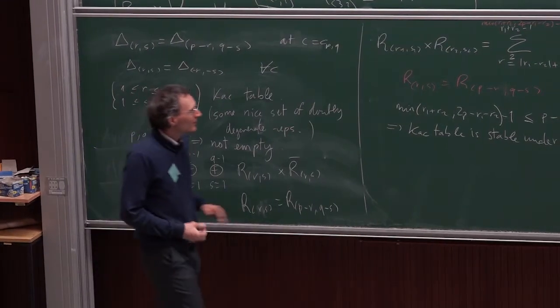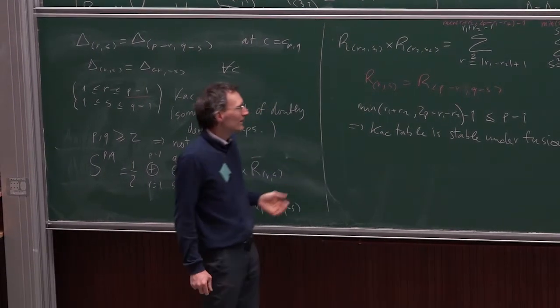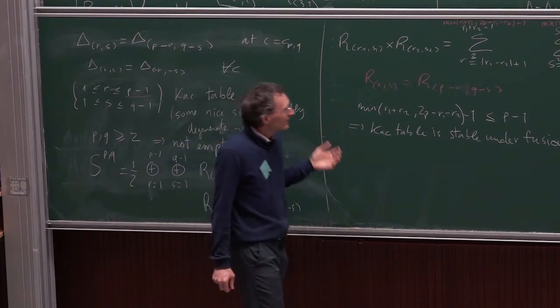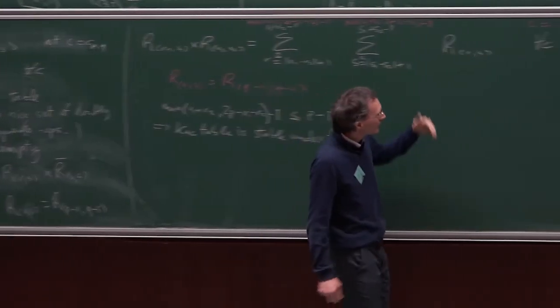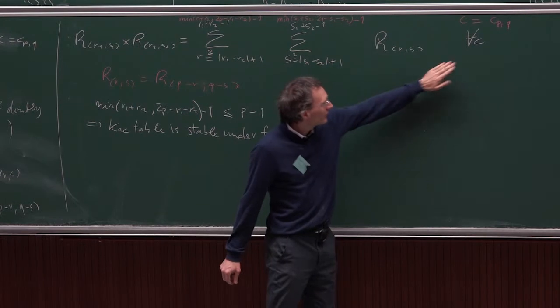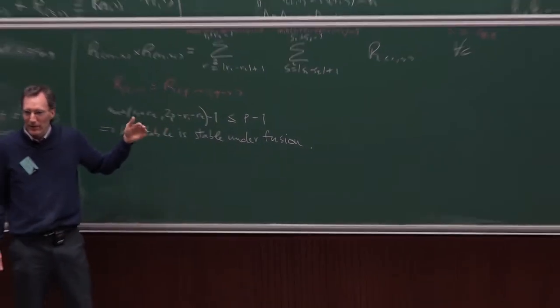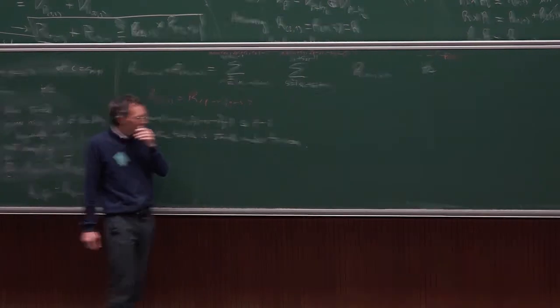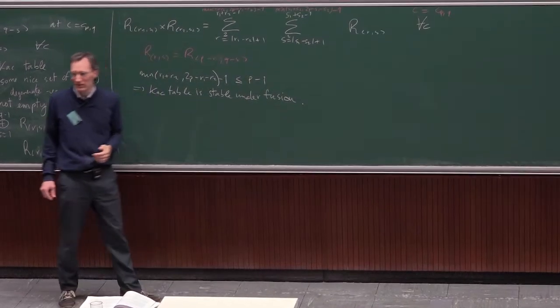Now, maybe one more comment on these fusion rules of minimal models. You see, these fusion rules become more complicated when the central charge becomes rational. For generic central charge, the fusion rules don't depend at all on the central charge. Of course, the fusion rules are discrete objects, and the central charge is a continuous parameter, so it's really impossible to have a dependence on the central charge here.